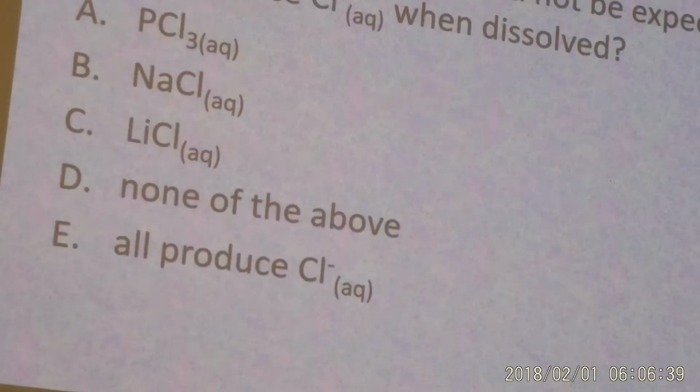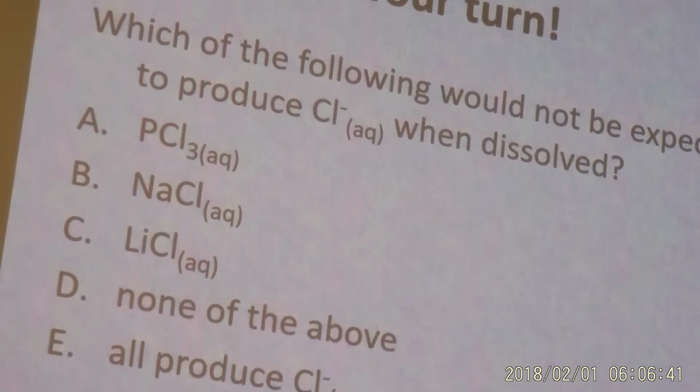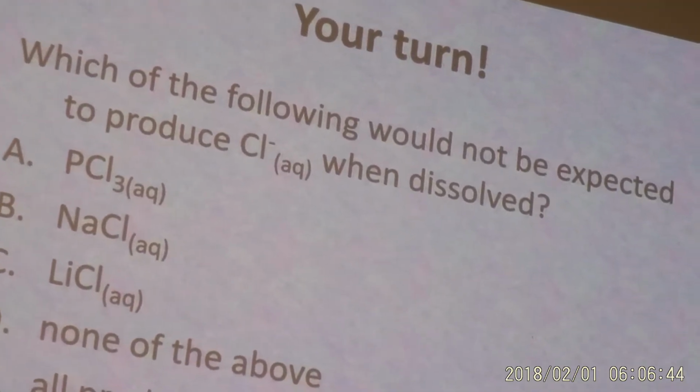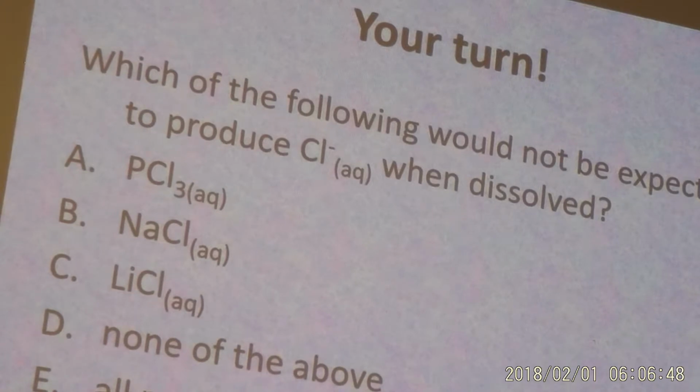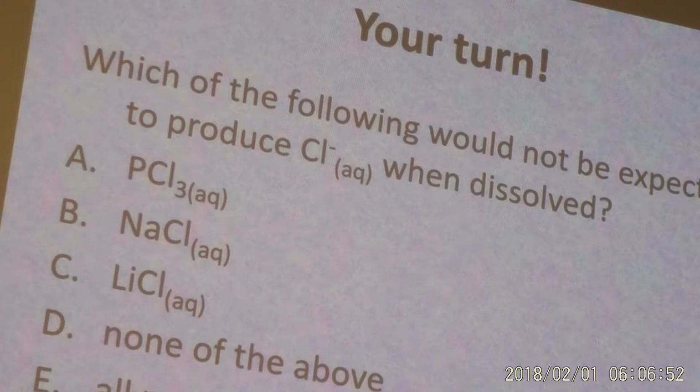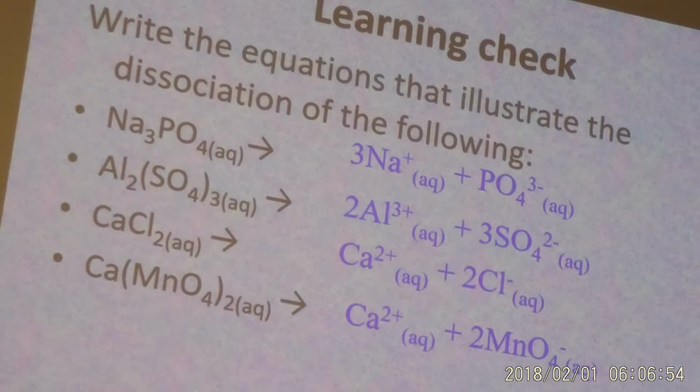Okay. So then, which of the following would not be expected to produce chloride ions when dissolved in water? We have a question actually from the last slide. Previous one? For the MnO4, I get why the O is 1 minus.